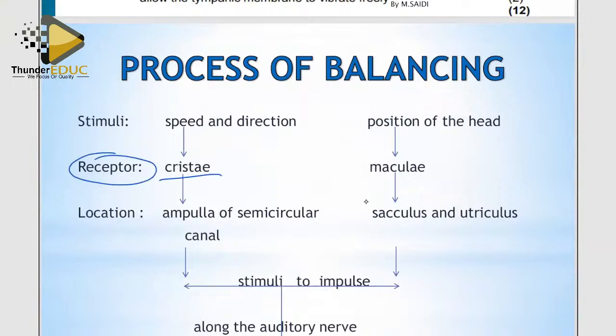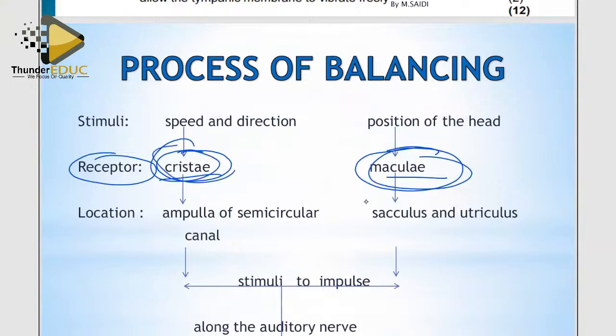We're going to ask you this. The first receptor is called cristae. The second receptor is called maculae. Cristae, maculae. So you have to sing that so that it sticks in your head.